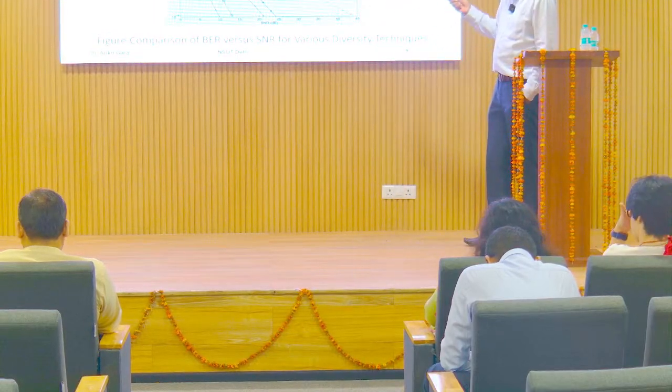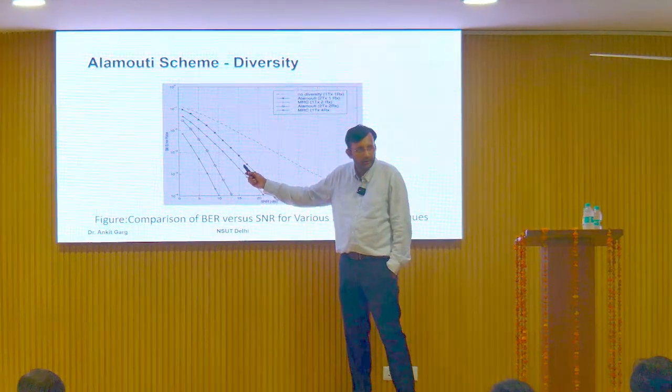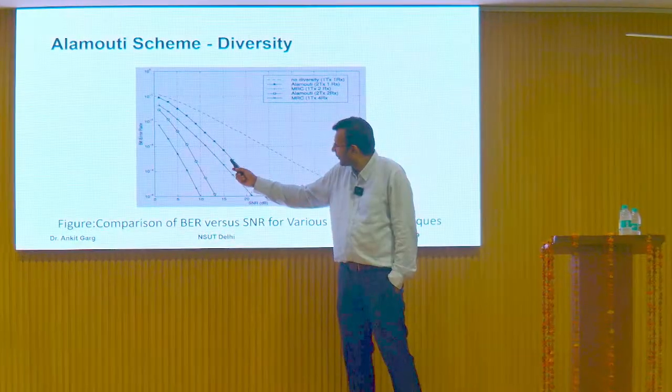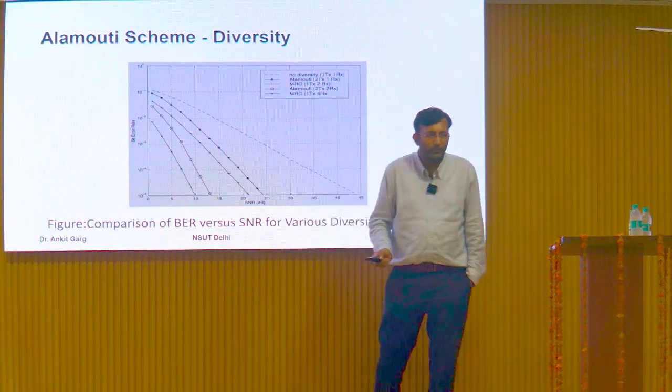If you compare the coding gain between the Alamouti 2x1 represented with this dark line with asterisk and MRC 1x2, you can easily see the difference. You can easily see the difference of the coding gain between these two lines, isn't it? Gap. Why are we facing this gap?